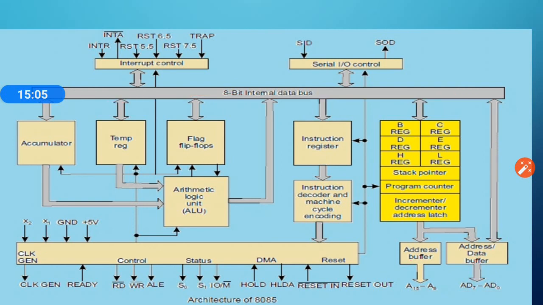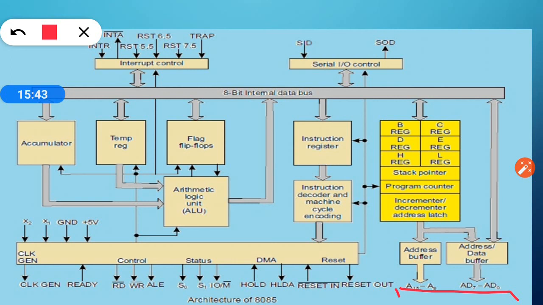So now, how to store data to the memory? Load and store are functions of the accumulator. The same thing is used: here also we require the 16-bit address of the particular memory location of the memory device in which I want to store my data. Once after delivering that 16-bit address to the memory through this address buffer and address-cum-data buffer, then a track is generated from the memory device's internal circuit to that particular location where I want to store my data.